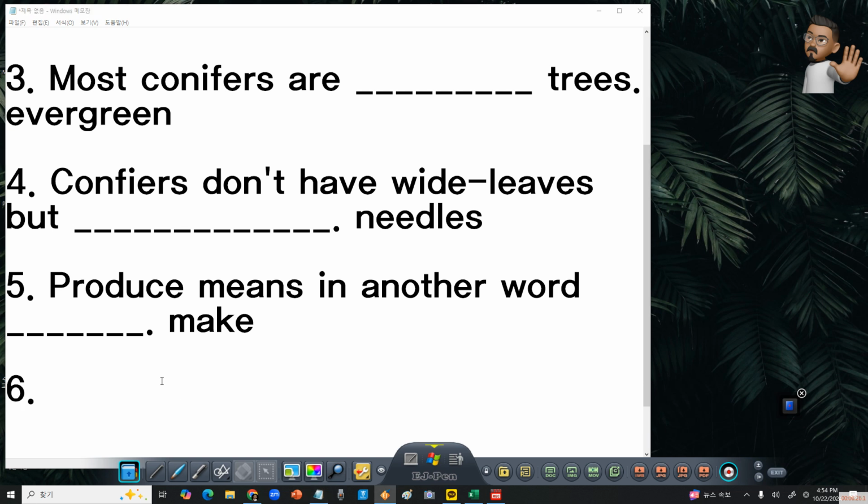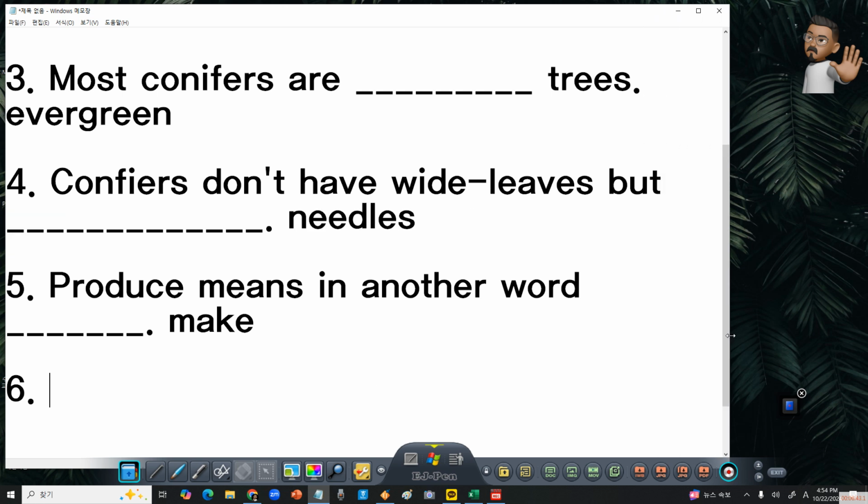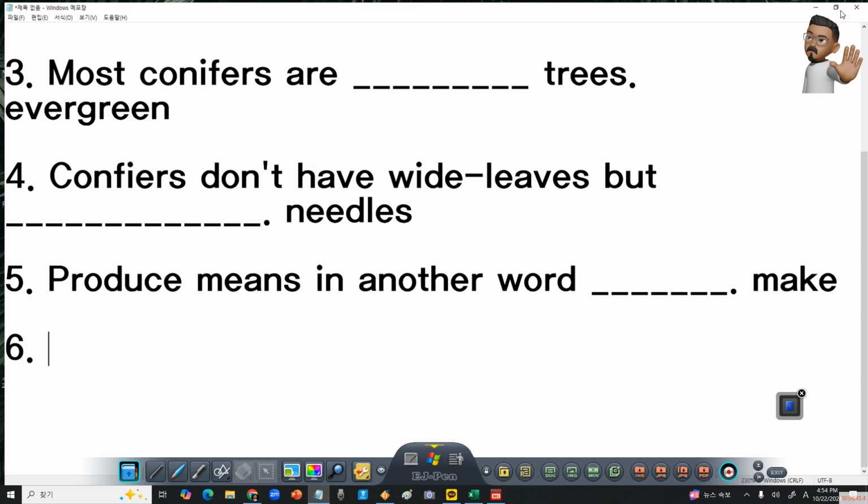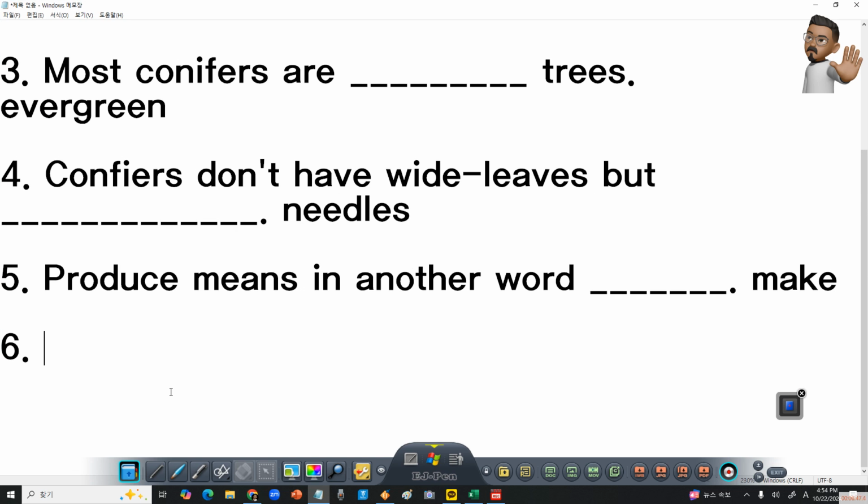It's not McDonald. Okay. What do plants need to make their food? You can write 3 items, 3 elements that a plant needs to make its own food. 3 elements. 뭐라고요? 3 elements that a plant needs to produce food.